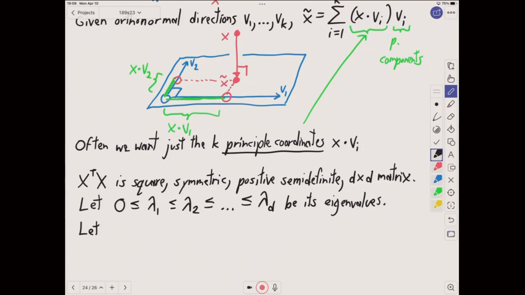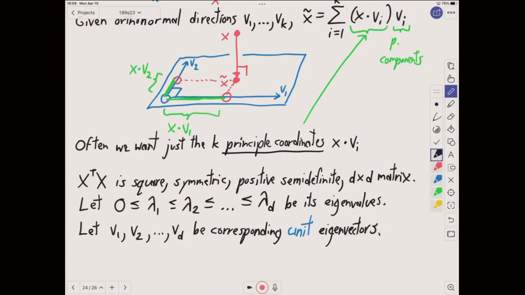With that notation, let's write down the corresponding unit eigenvectors that go with those eigenvalues. Emphasis on, we really want the unit eigenvectors here. It just makes all these projections and computations a lot easier. So these eigenvectors are called the principal components.